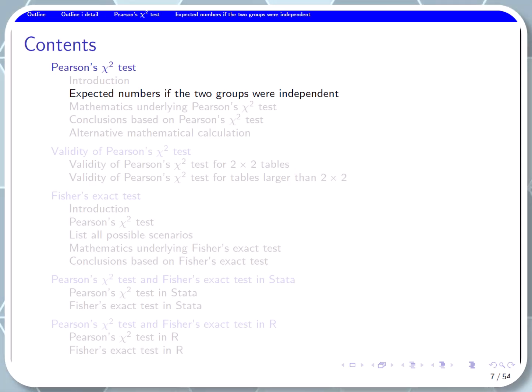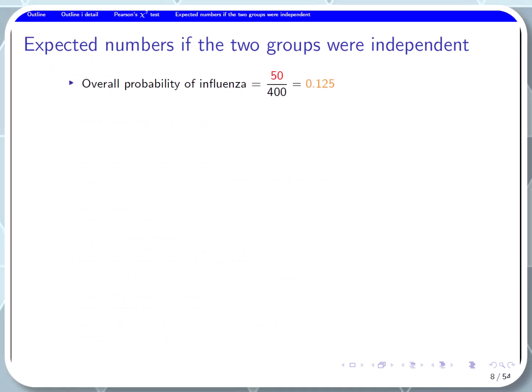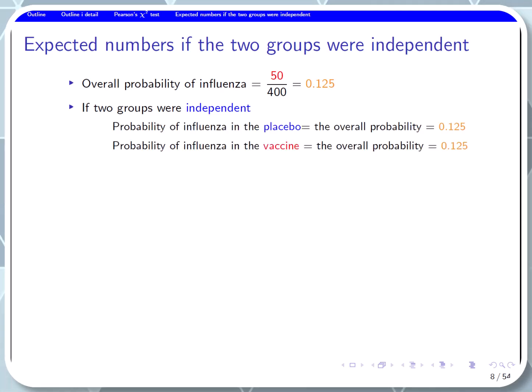Expected numbers if the two groups were independent. As we know, the overall probability of influenza is equal to 50 divided by 400, equal to 0.125. If the two groups were independent, the probability of influenza in the placebo group is equal to the overall probability, 0.125.